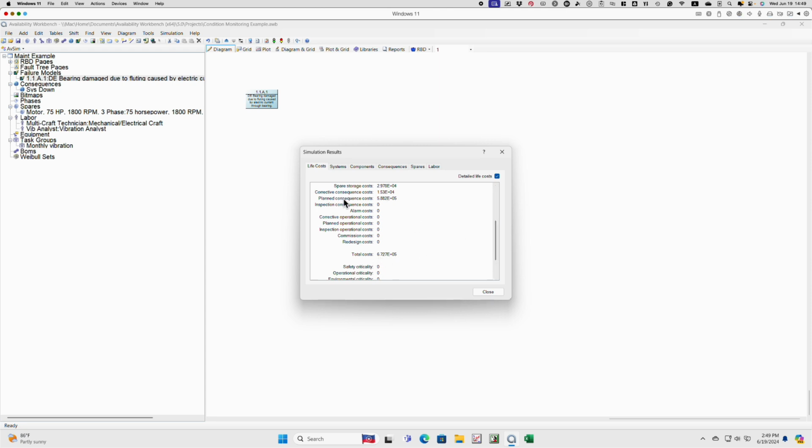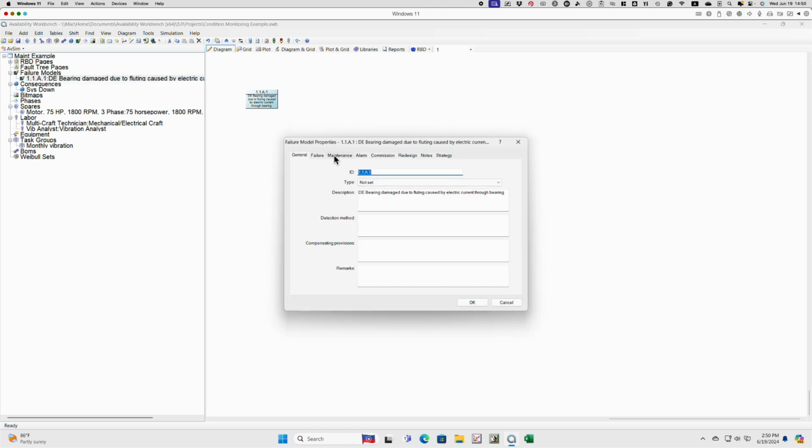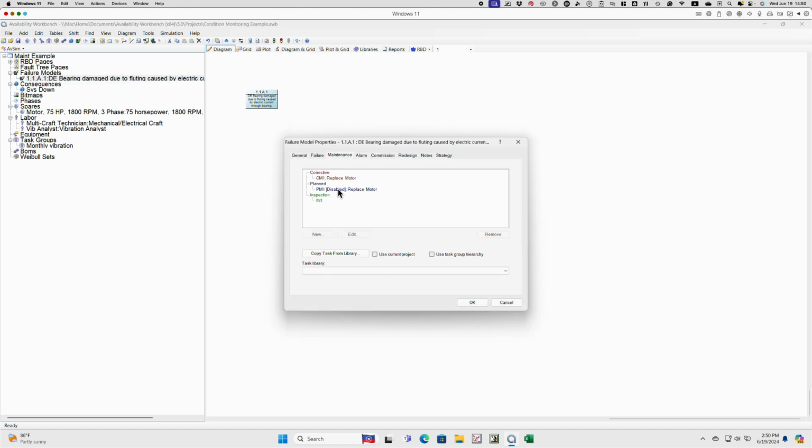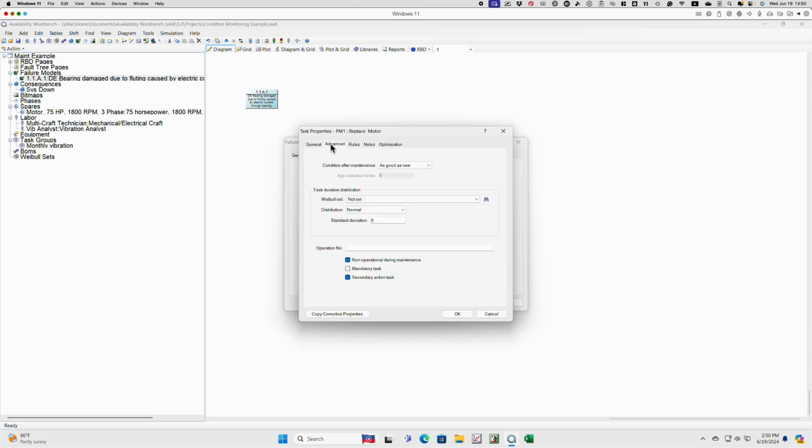But one of the things that we see here is that we've got some planned consequence cost. Now the reason we have that is because the PM task shows that the system is non-operational when you're doing this PM, having found it based on an inspection. So let's go look at that PM and see if we can make a little change here. We'll go to the Advanced tab, and we'll say that instead of being non-operational, it's operational.